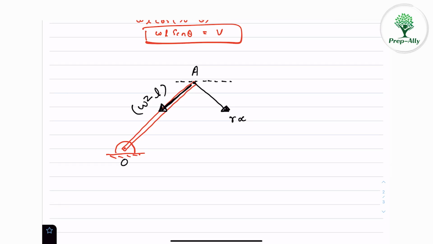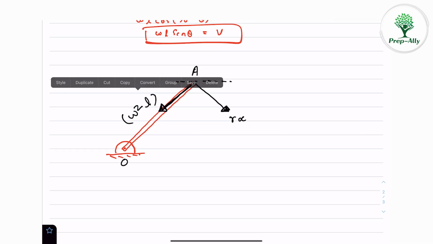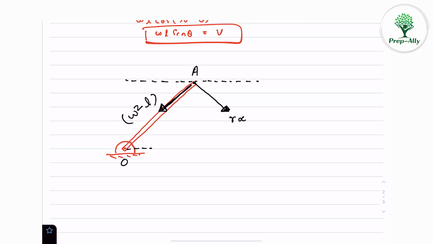However, before doing that, let us try to understand another logic here. Let us resolve A's acceleration into horizontal and vertical components. This angle is theta, and by alternate interior angles, this is 90 minus theta. What is the horizontal acceleration of A?